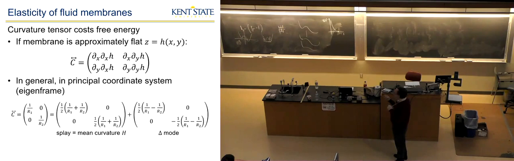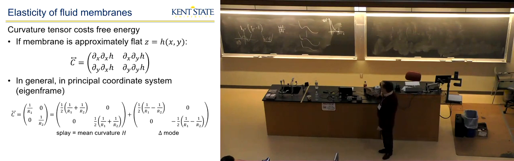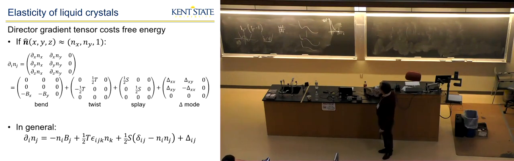So I can just break it into a trace and the traceless part. The part with the trace times the identity looks like this. You can see that it is characterized by the mean curvature. So this is just the same construction that gives the splay over here.